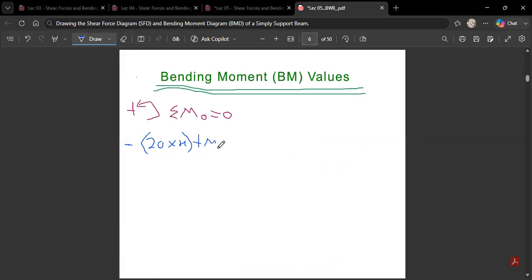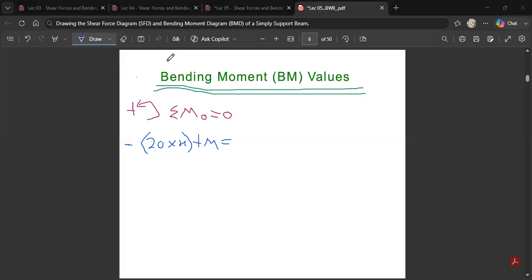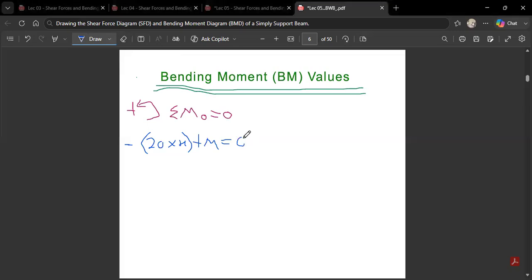After this, you equate all of this to what? 0. We equate all of this to 0. So if you simplify this, you are going to get negative 20x.